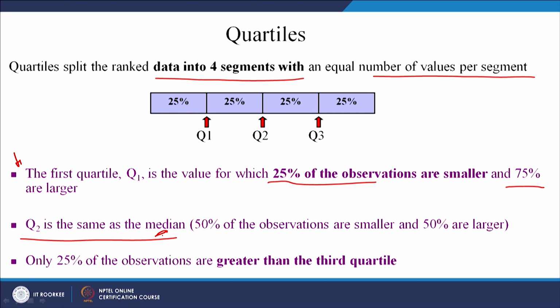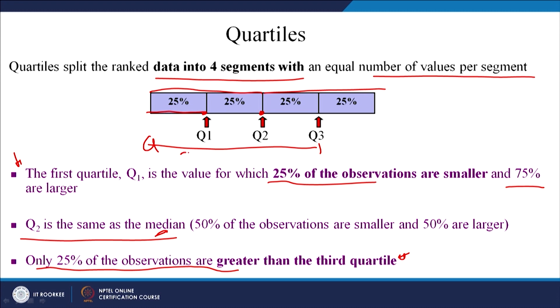Now, only 25% of the observations are greater than the third quartile. So, this is your first quartile: 25% of data; second quartile: this side 50% and this side 50%; third quartile: this side 75% and this side 25%.